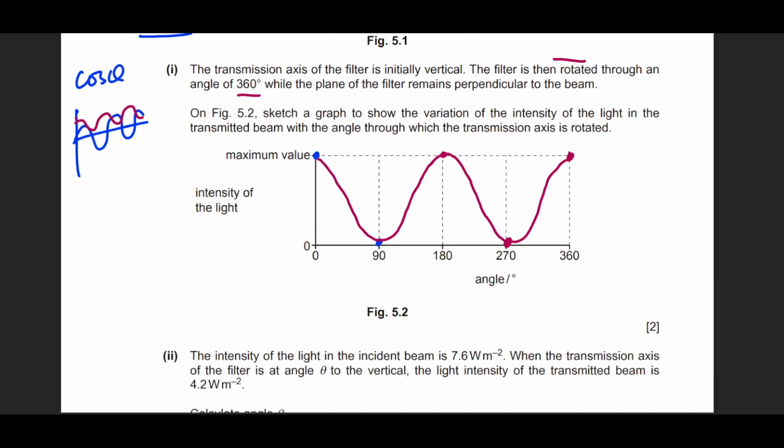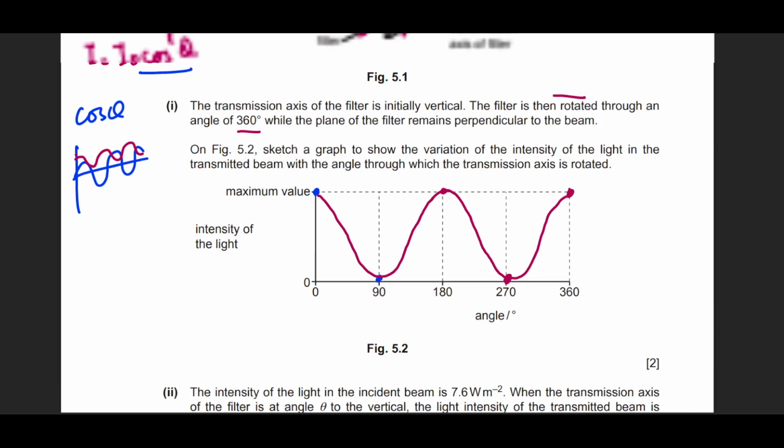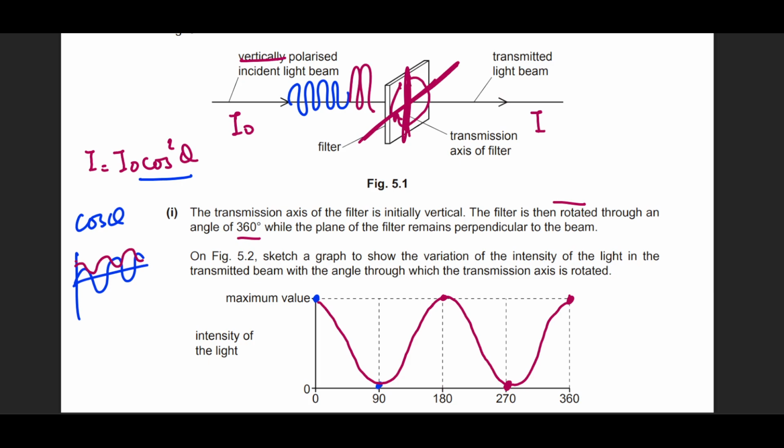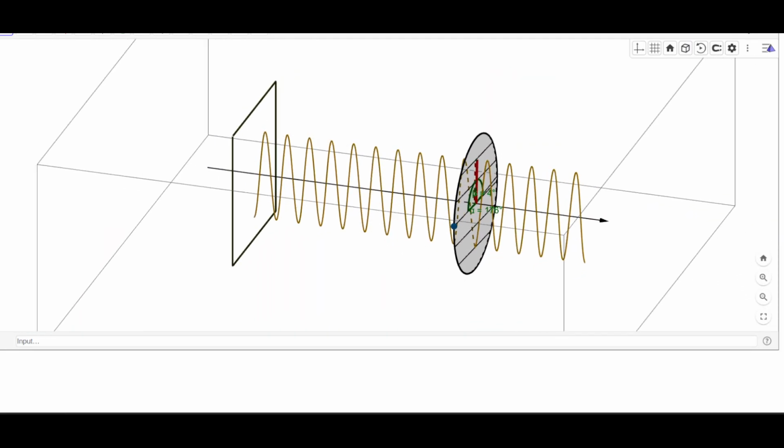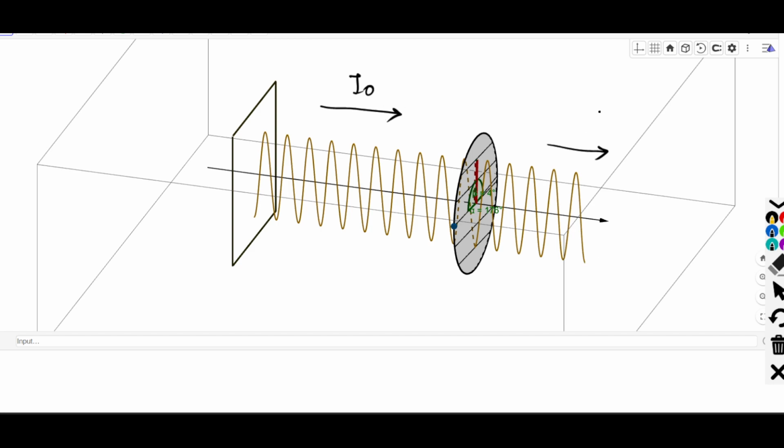What's going to happen at these locations? What's happening at these points? All right. So let's go towards this diagram. For the sake of understanding, this is my I naught. This is the original beam. And this will be my I, or the output beam, which is going to be equal to I naught cos squared theta.